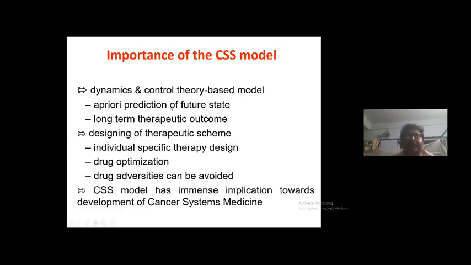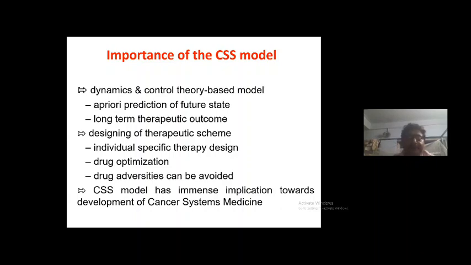So now, the importance of the CSS model, I already discussed some: the a priori prediction of the future state and long-term therapeutic outcome, and the most important thing, that it can be made for individual-specific therapy design and drug optimization. Depending on the initial tumor state, we can decide the drug dose and when to apply the drug.